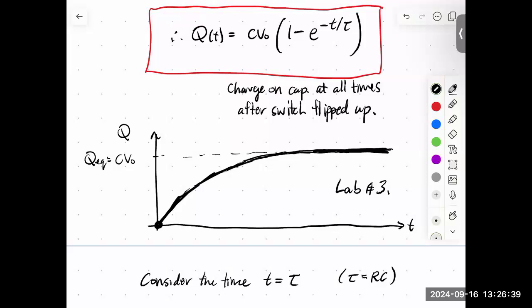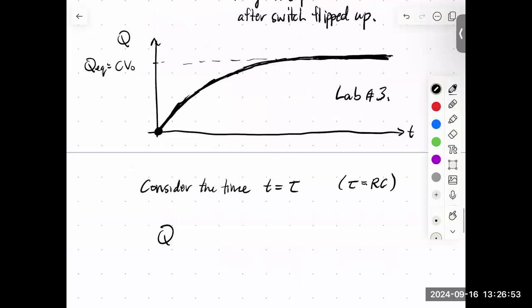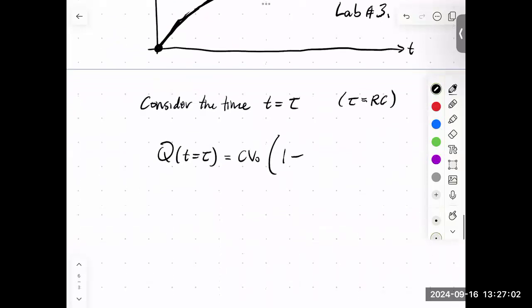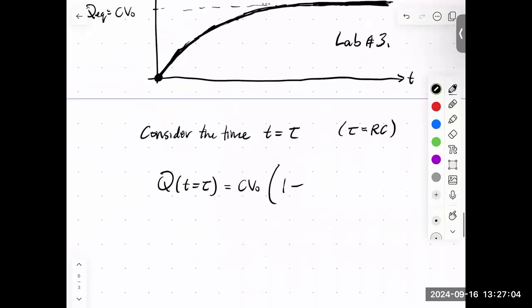Okay, so all we have to do is see what happens if I set t equal to tau in our solution. So Q, when t is equal to tau, is CV naught times 1 minus e to the minus t over tau, but we're saying t is equal to tau, so tau over tau.